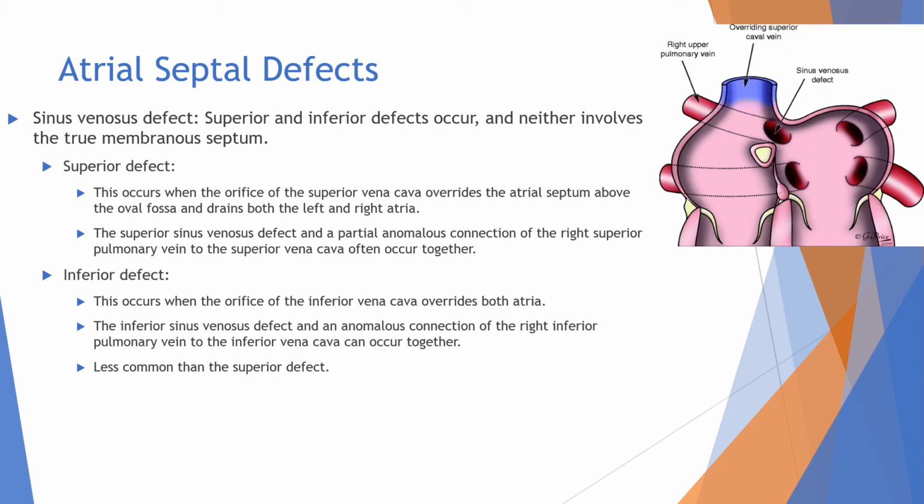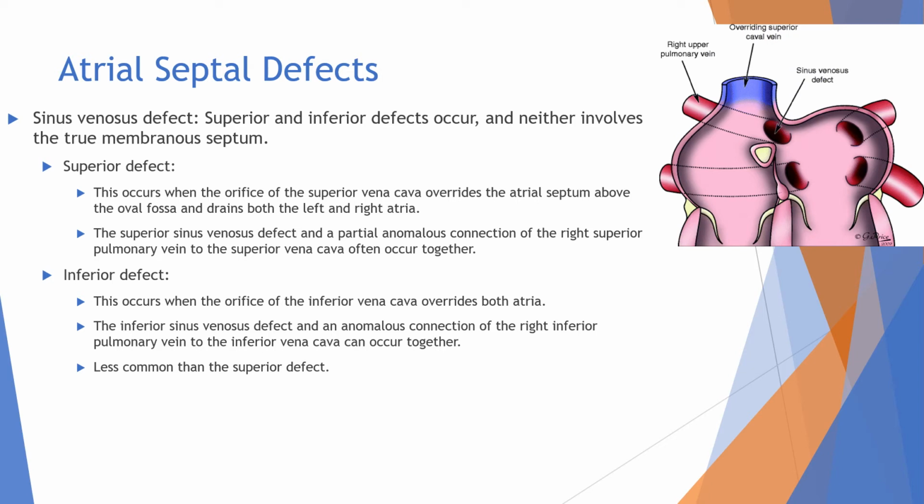The last defect that we're going to talk about for atrial septal defects is the sinus venosus defect, and there's 2 different types of these. There's a superior and inferior, and these actually don't involve the septum at all. They're caused by the overriding of either the superior vena cava or the inferior vena cava.